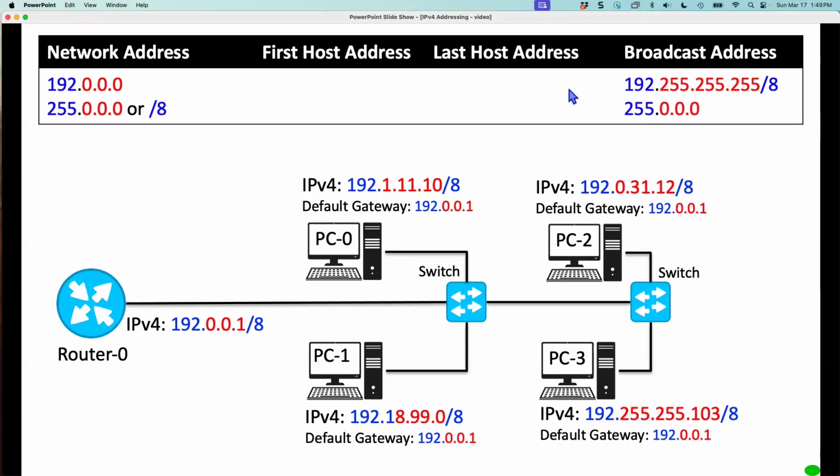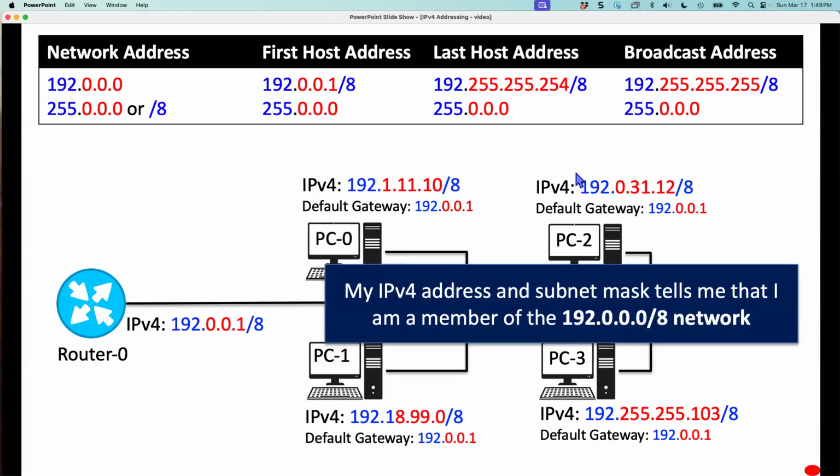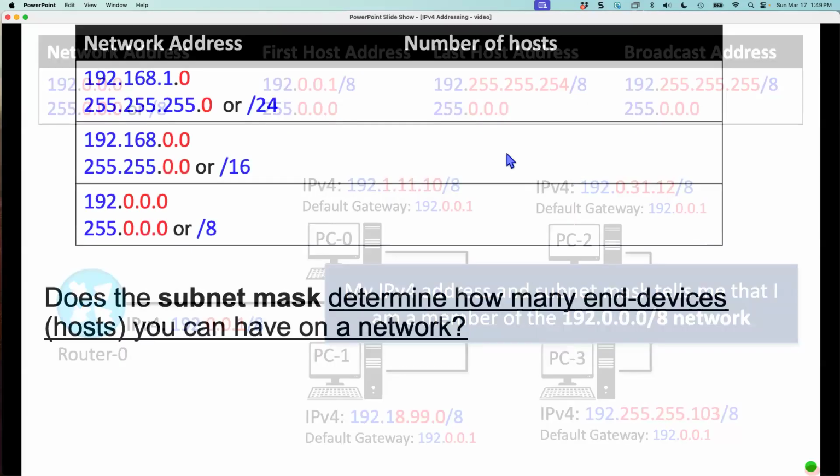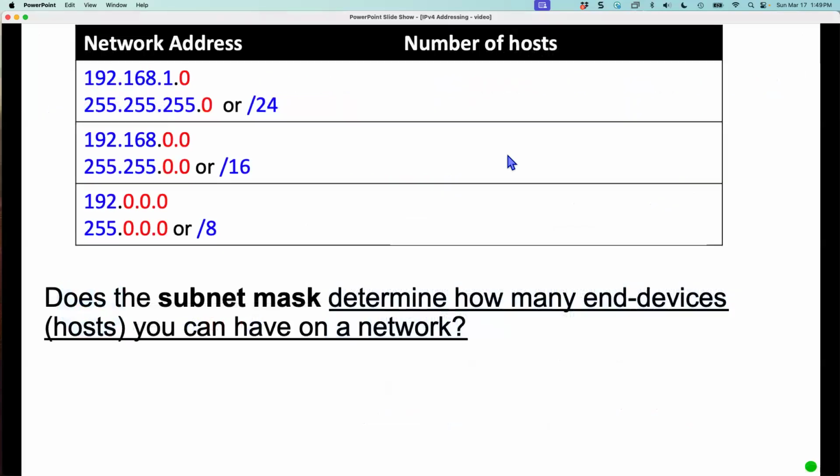Okay. All right. So first, there's our broadcast. There I go. I put the subnet mask this time. 192.0.0.0 network address, broadcast 192.255.255.255 or /8. First host 192.0.0.1/8. Last host 192.255.255.254/8. Okay, so does the subnet mask determine how many end devices, hosts you can have on a network?